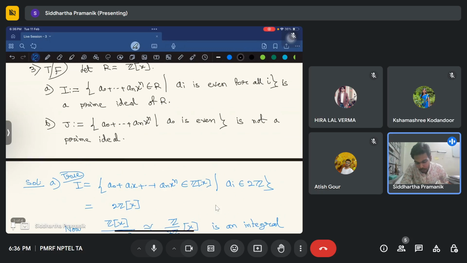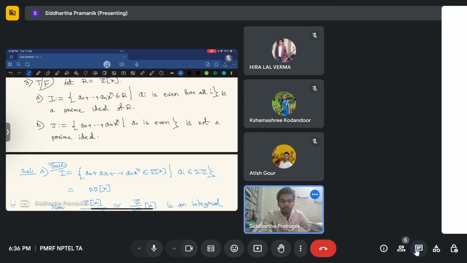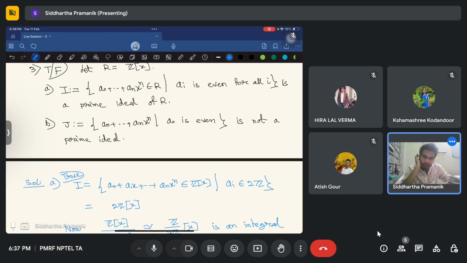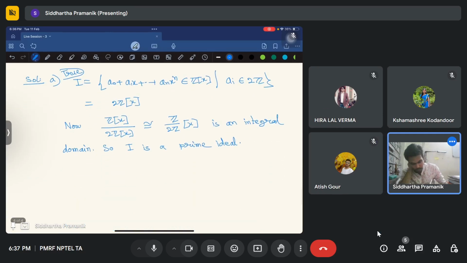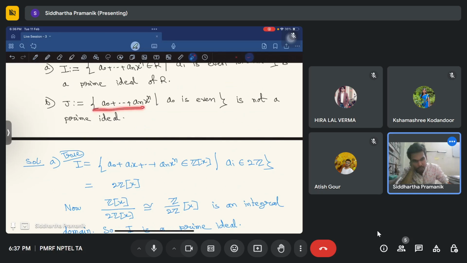Now what about B? Do you have any guesses for B? Okay, so B is all those polynomials whose constant term is an even integer, right?